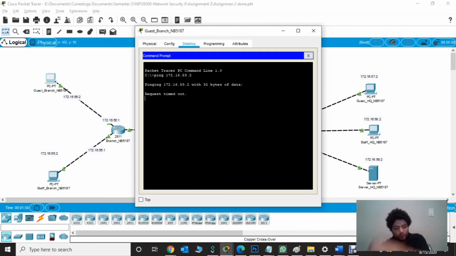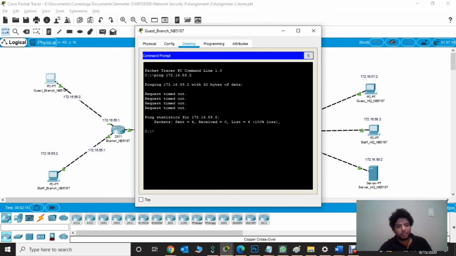Request timed out. 100% packet loss. That pretty much proves the PC at the guest branch only has access to the internet, just the way it should be.